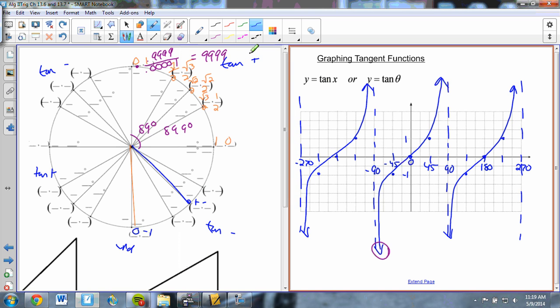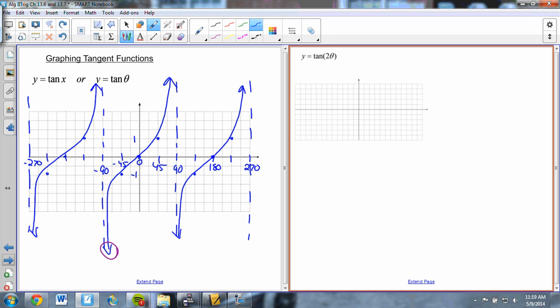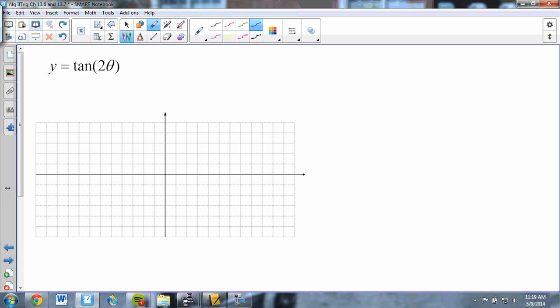Okay. So here's what I'll kind of break down how to graph these now. Kind of go step by step. The period of a tangent function is not 360, it's 180. Always 180? 180. Well, it'll change with these b values, but the base period is 180.